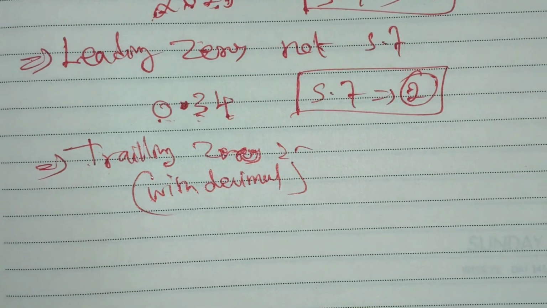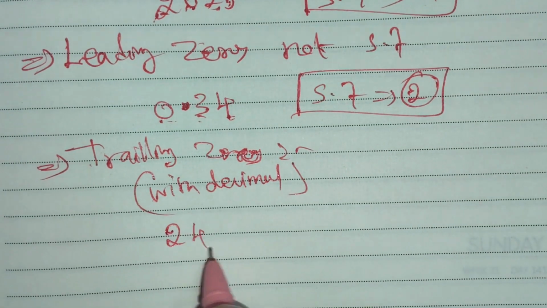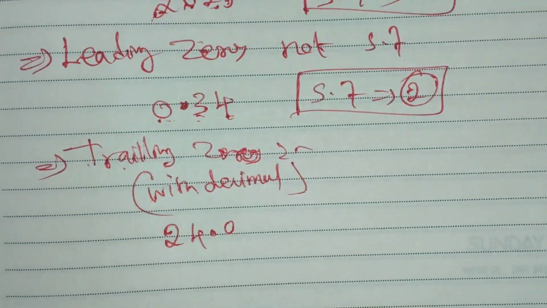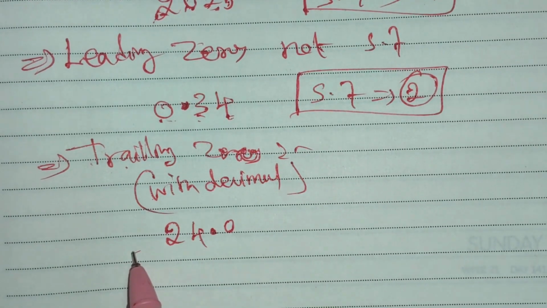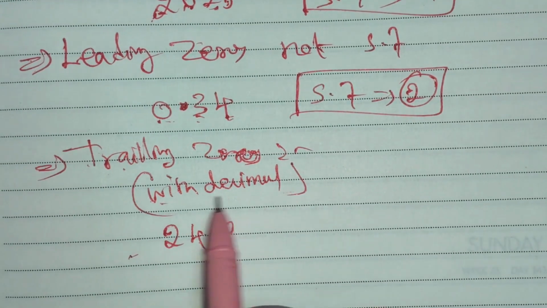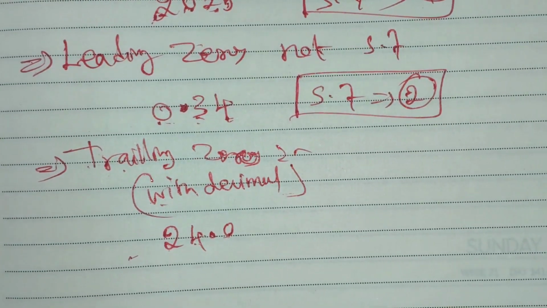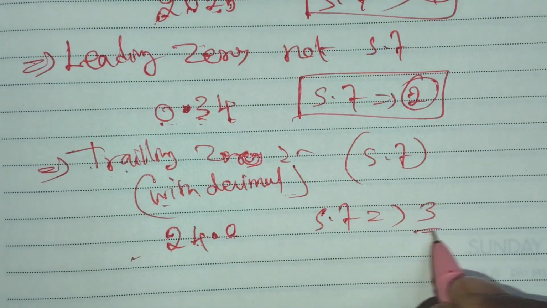For example, 24.0. The zero is a trailing zero, but this 0 is taken as a significant figure because it is in the category of with a decimal. So here the significant figures are 1 2 3, 3 significant figures.